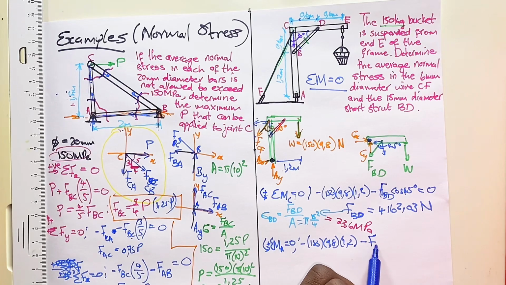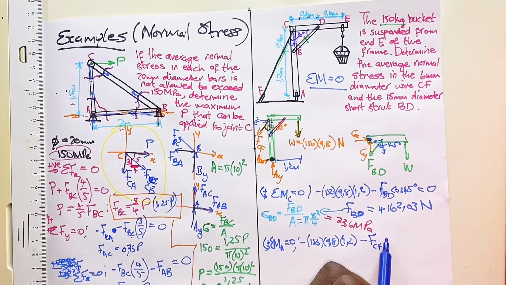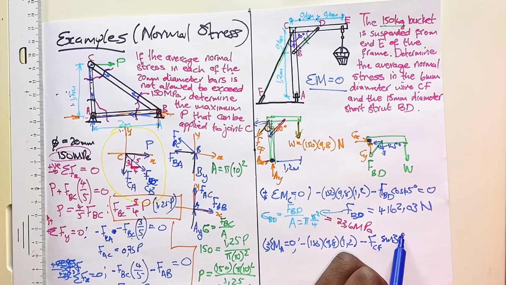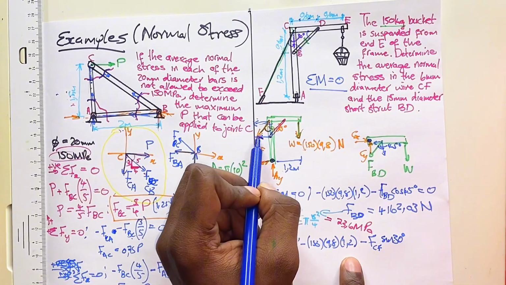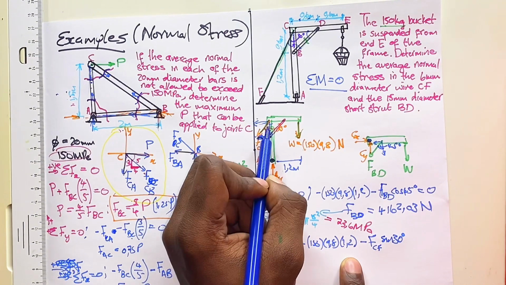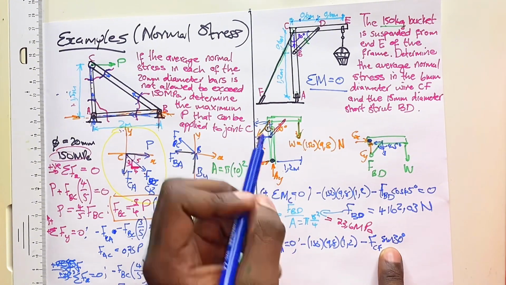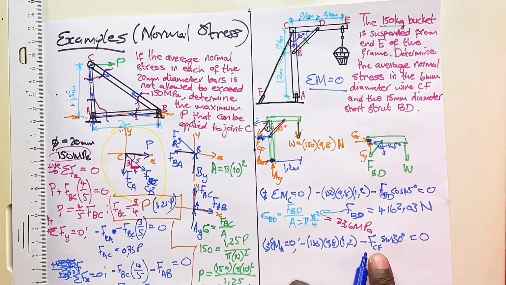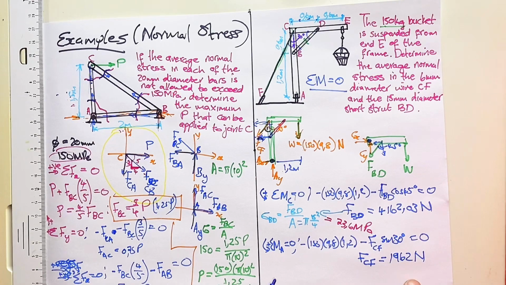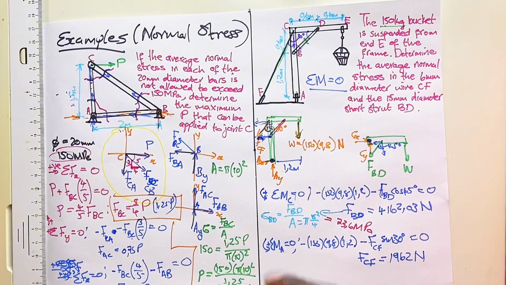So FCF sine 30 degrees, the x component of CF, you see it's just the same as drawing it here, and it's opposite to 30 degrees, so we use sine. Now it must all be equal to 0. The only unknown now that I have here is FCF, so FCF will be equal to 1962 newtons.